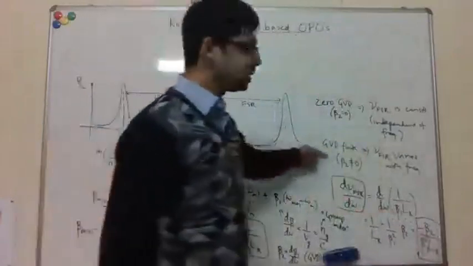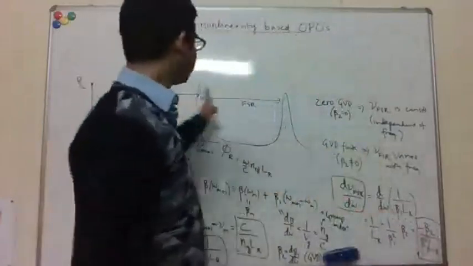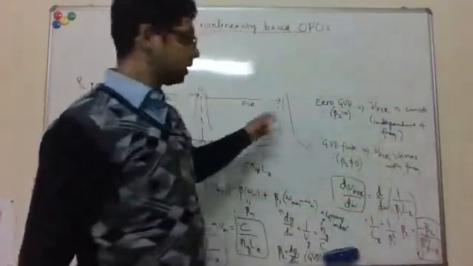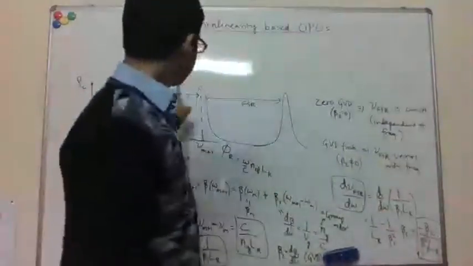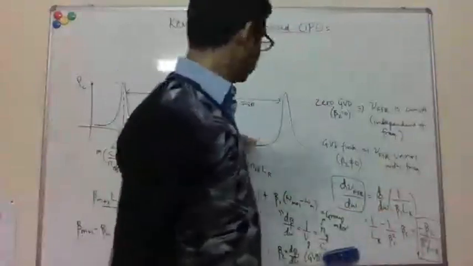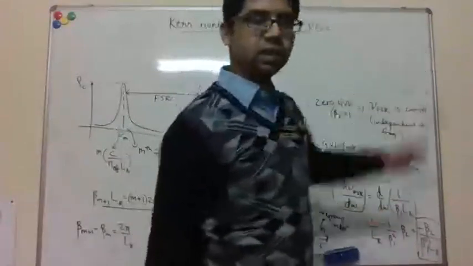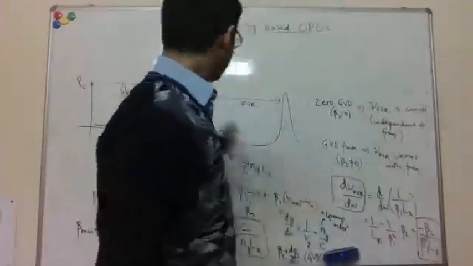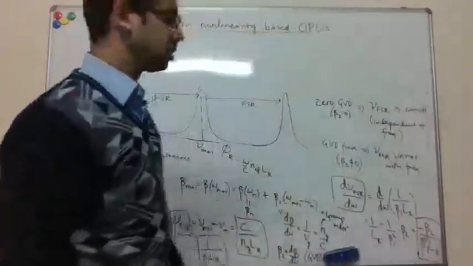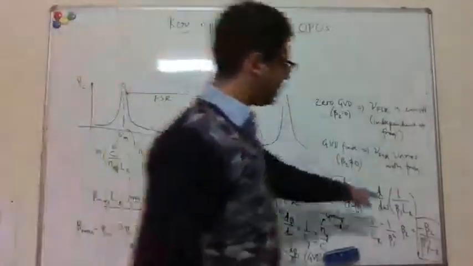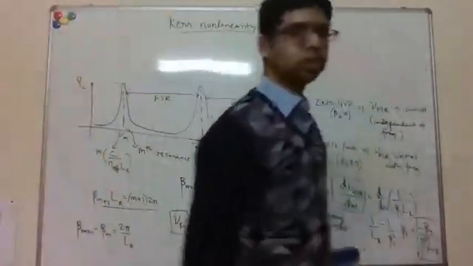As I increase frequency, how is my FSR changing? Right? So if this is positive, then the FSR is increasing with higher frequencies. If this is negative, then the FSR is decreasing with higher frequencies. Right? And that depends on the sign of beta 2.